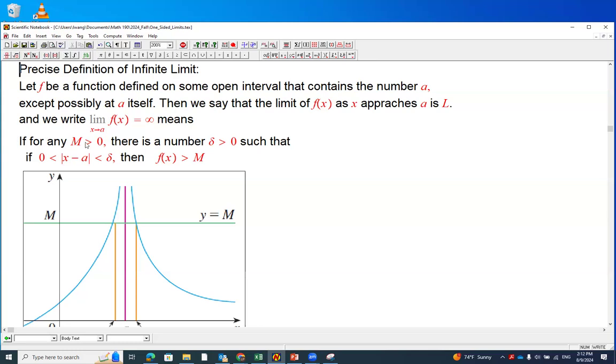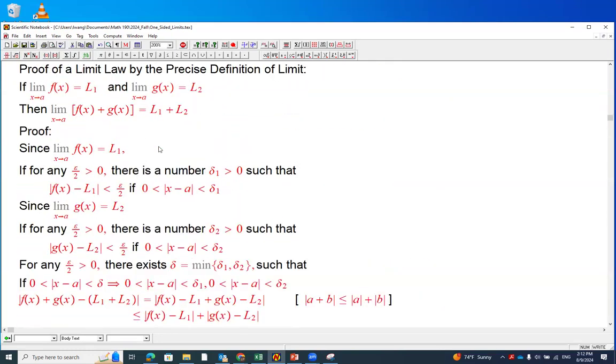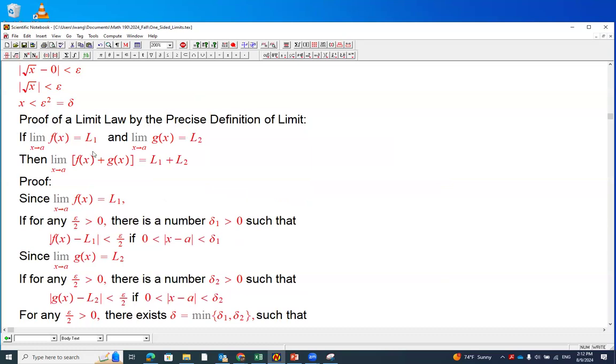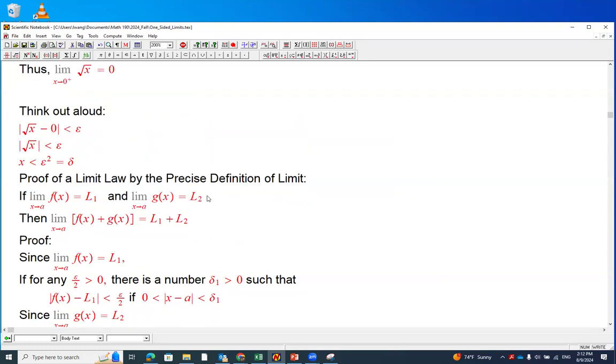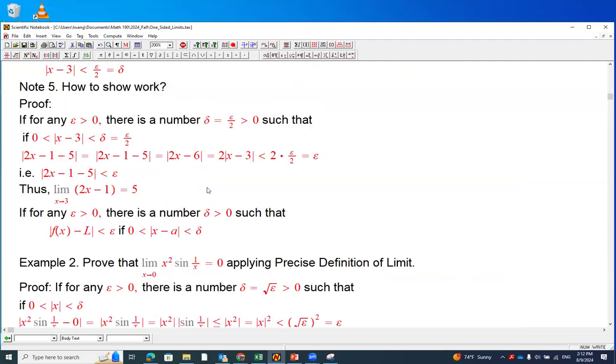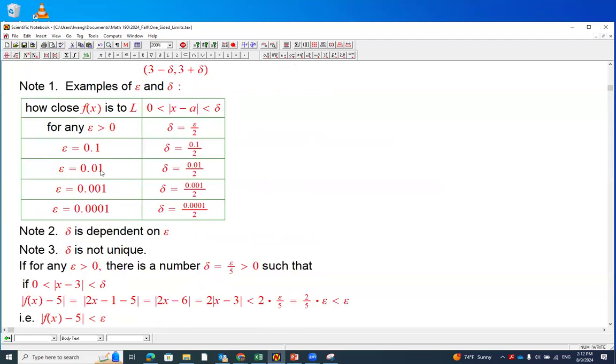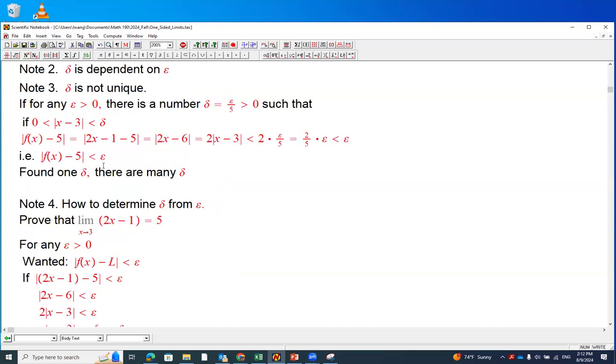For any positive number M, when we use epsilon, we try to indicate how small it could possibly be. In our previous definition, we use epsilon to indicate how small it could possibly be, because we want to get as close as possible. So we use epsilon as a convention. Epsilon is as small as possible.